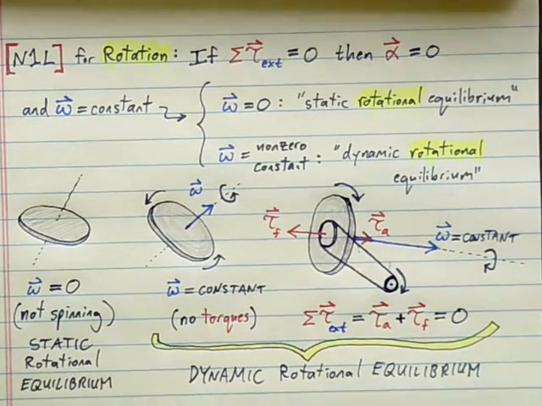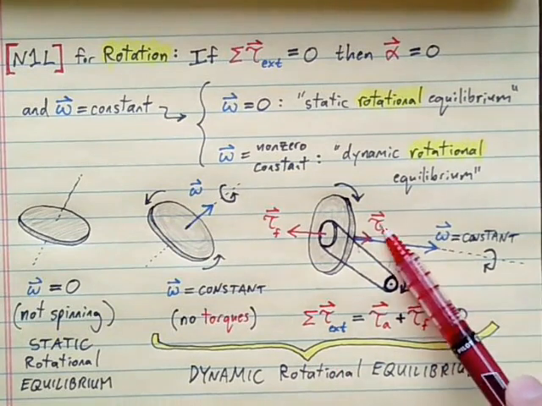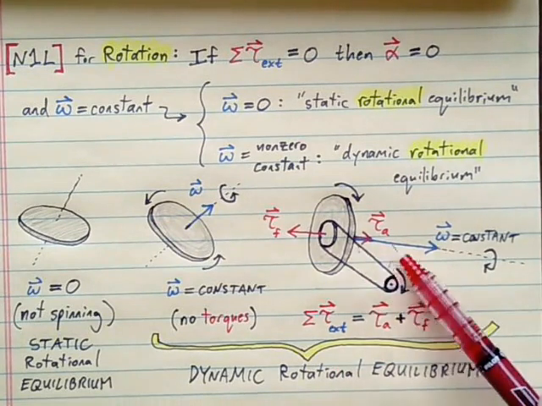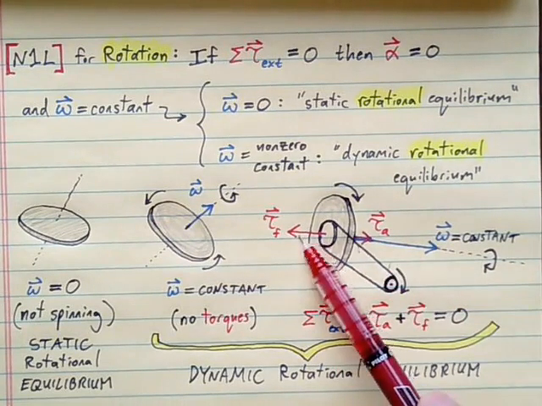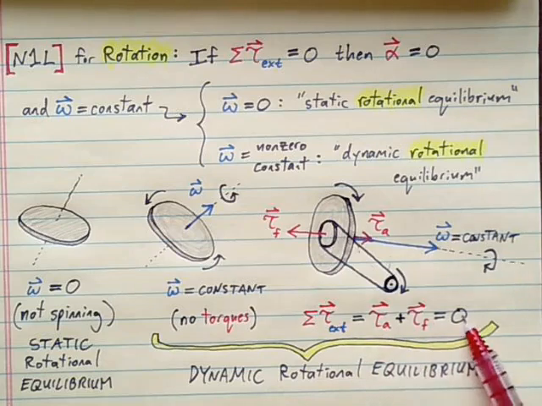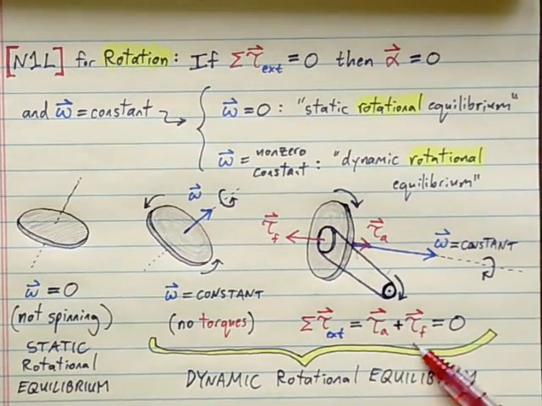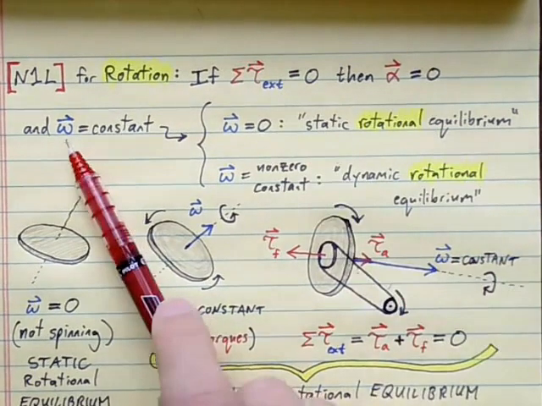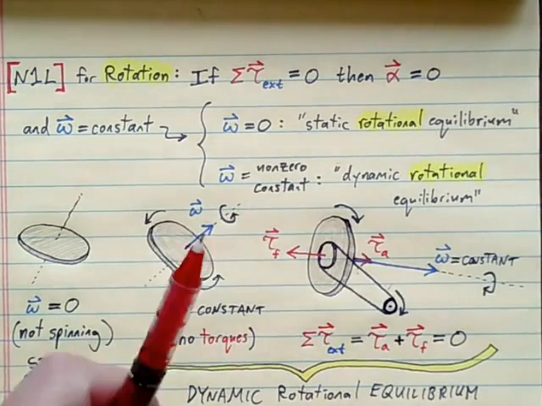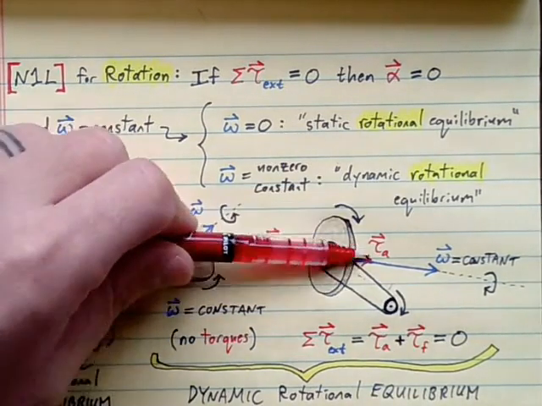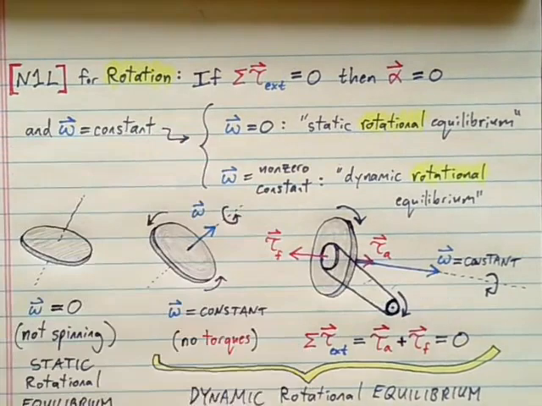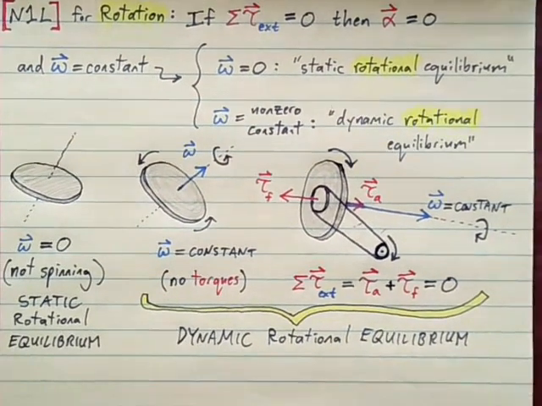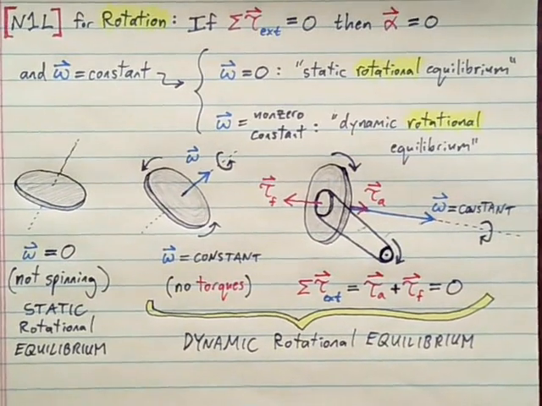And if it is the case that the net external torque, being the sum of the applied torque from the belt, the drive belt here, and the frictional torque opposing it, if the sum of those is zero, if they're exactly equal and opposite, they cancel out, then net torque is zero, angular acceleration is zero, omega will be constant, and this disk will continue to rotate at a constant rate forever as long as the torques are perfectly balanced. So that disk is also in dynamic rotational equilibrium.